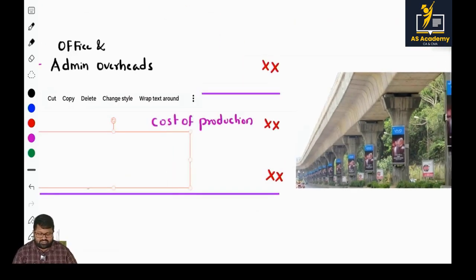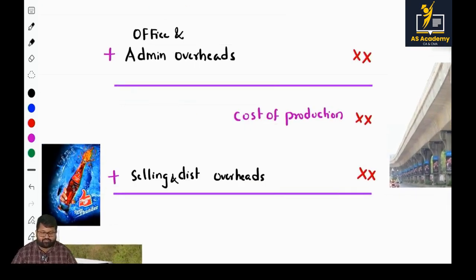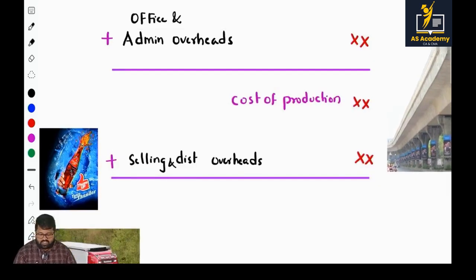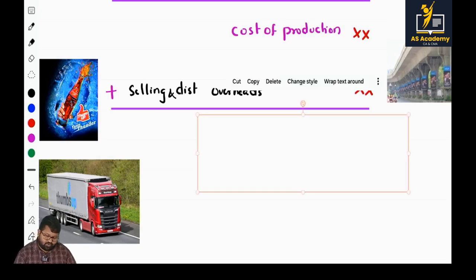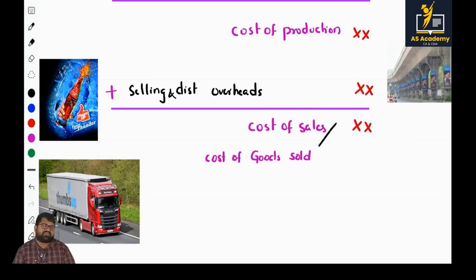So this is nothing but selling and distribution overhead. Even the transportation you mentioned forms part of this. What is the end result? Cost of goods sold, COGS, or cost of sales.